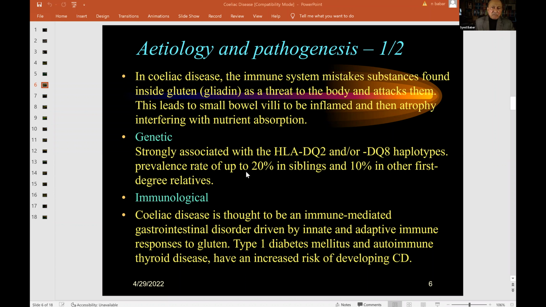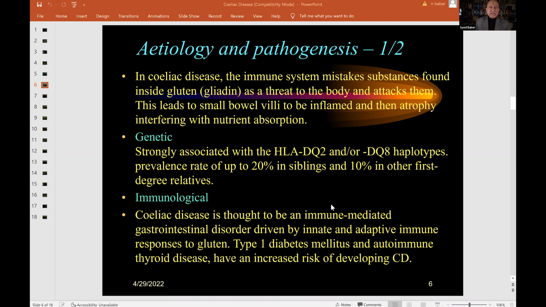Research tells us that celiac disease is associated with human leukocyte antigen DQ2 or DQ8 haplotypes, which means that in siblings, there is a 20% increased possibility of developing celiac disease. And in other first degree relatives, there is a 10% possibility of increased incidence.